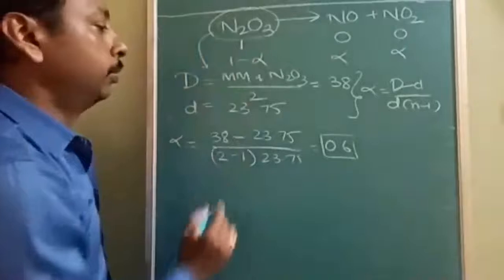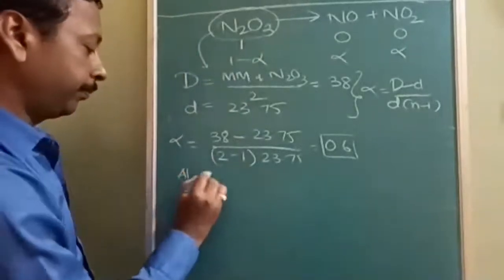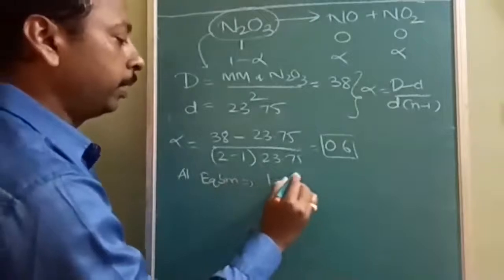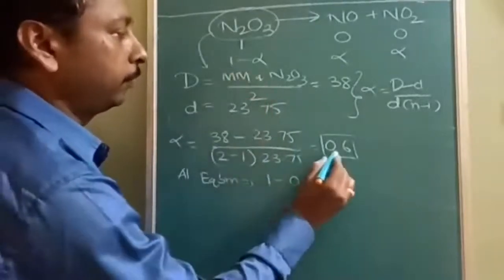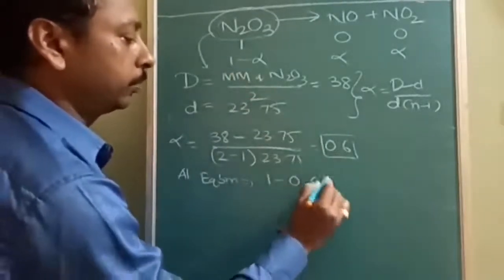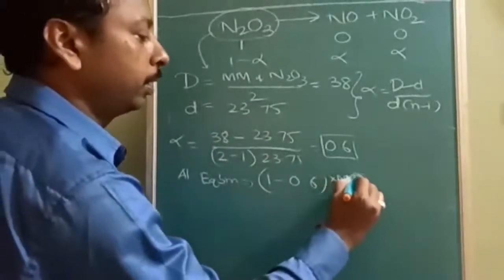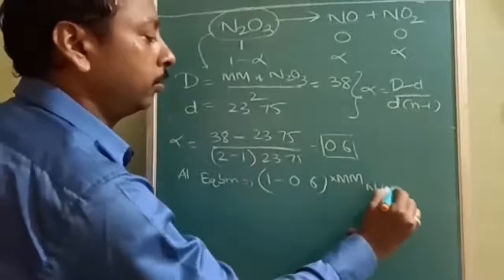At equilibrium we have 1 minus alpha, that is 1 minus 0.6, into the molecular mass of N2O3.